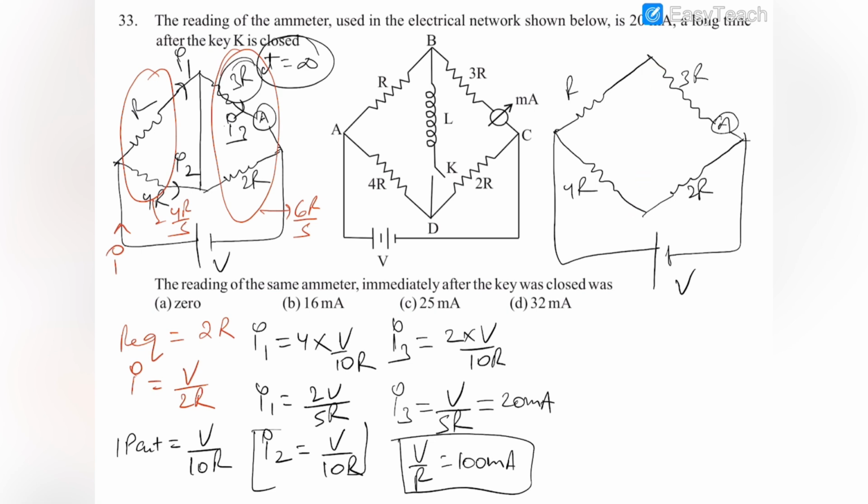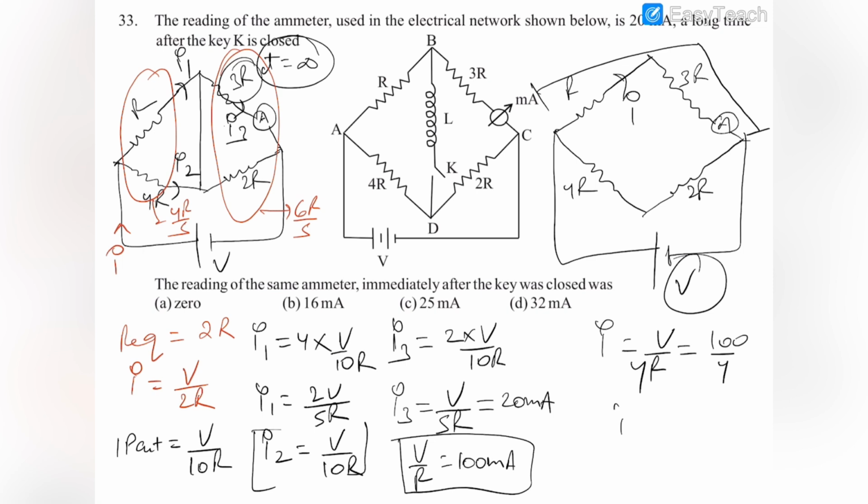So you can see that these two will be in series, and the total voltage across these two resistances R and 3R would be V. So the current flowing through this one will be V by 4R. Now we know that V by R is 100. So V by 4R will be 100 by 4, which is 25 milliampere. So the correct option will be option number C.